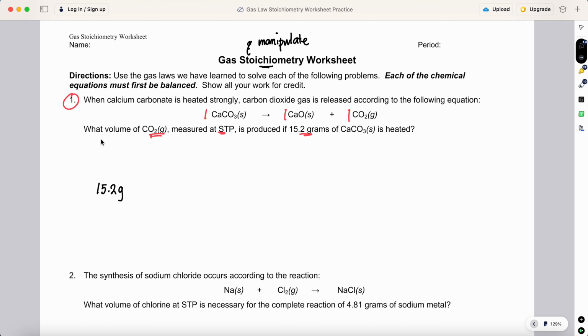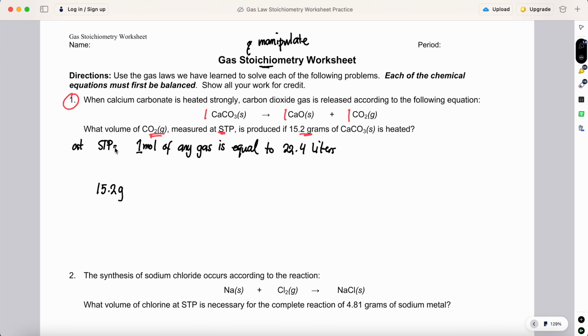So we can notice in the problem that there's no given temperature and pressure because it's in standard form. But we know that at STP, 1 mole of any gas is equal to 22.4 liters.